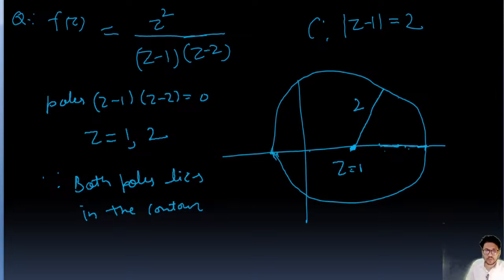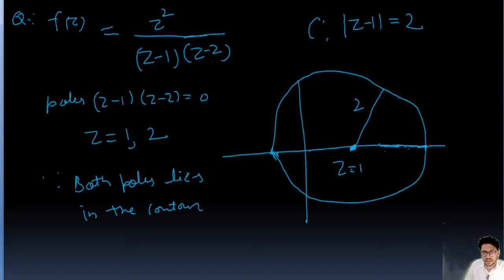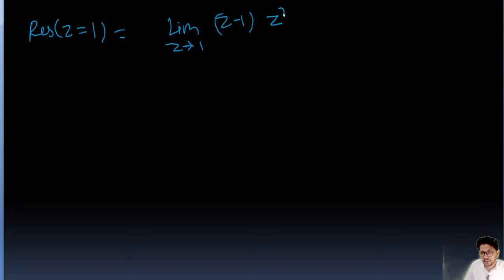So it means we'll find the residues. Residue at z equal to 1 first. This is going to be the limit as z tends to 1 of (z minus 1) times the function, which is z squared upon (z minus 1)(z minus 2).